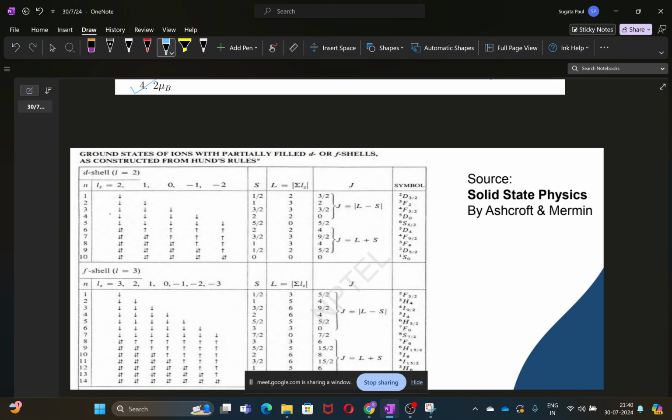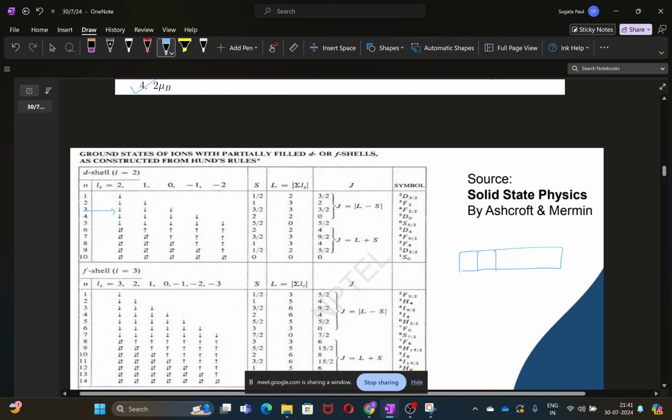So let me take this number 3. Number 3 is basically a D shell. D shell means L equal to 2. You know D shell has 5 compartments: 1, 2, 3, 4, 5.